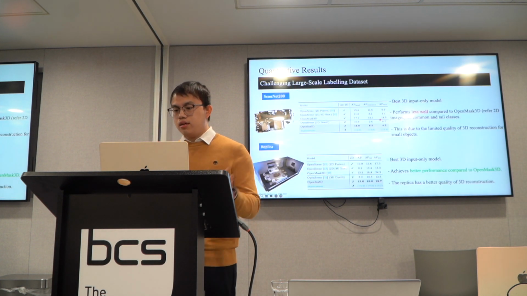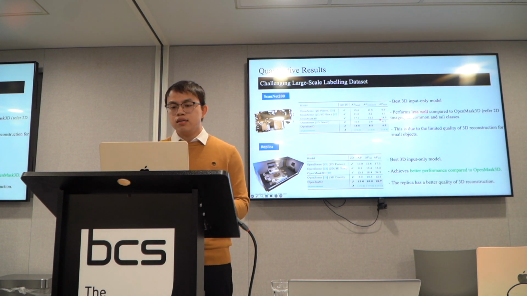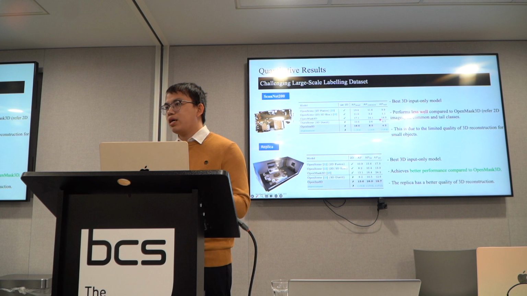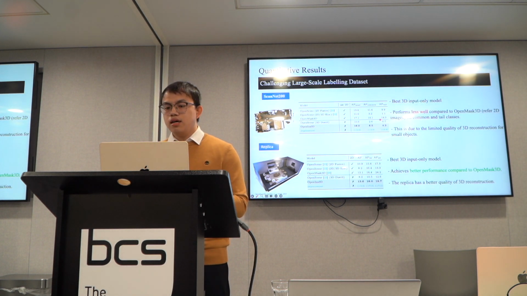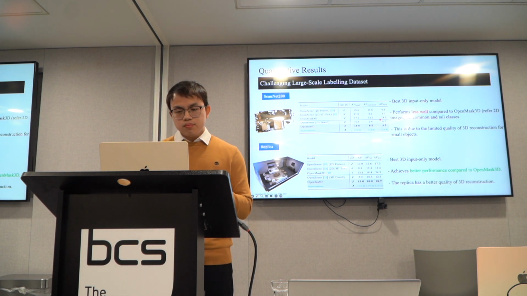Great, but OpenEase 3D is by no means perfect. If you evaluate on a more challenging multi-label dataset, for example ScanNet200, which has 200 labels, it actually performs less well compared to OpenMask3D.